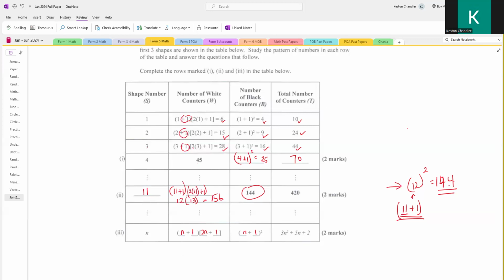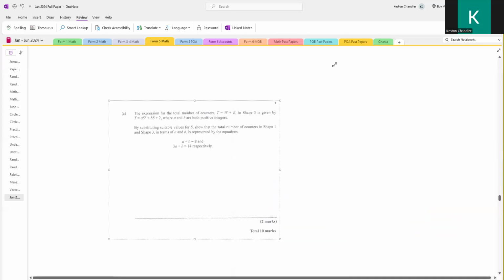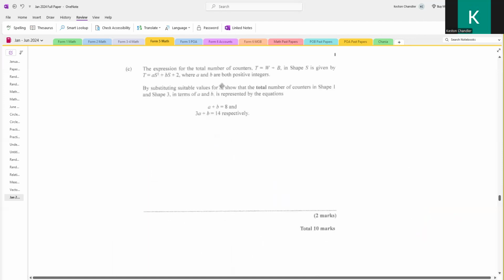Good. Right, so I'm pressing forward again. The expression for the total number of counters in shape S is given by this formula here, where A and B are positive integers.